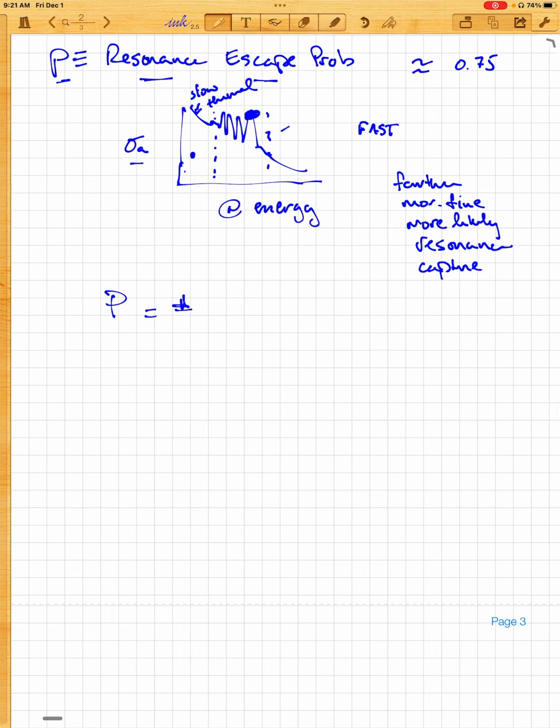And that's going to be the number of fast neutrons that become thermal, they make it to thermal, made their parents so proud, compared to the number of fast neutrons that start to slow down, which is going to be all of them, right? It's net loss.